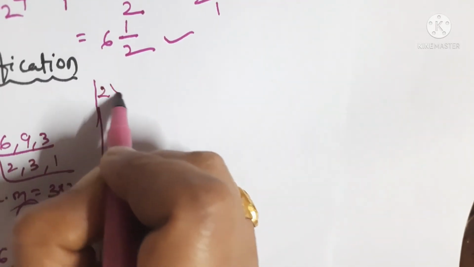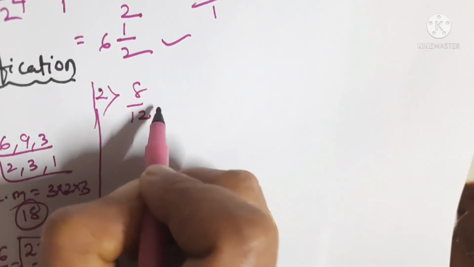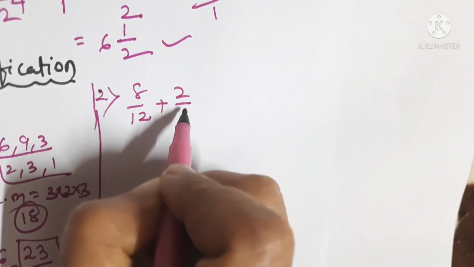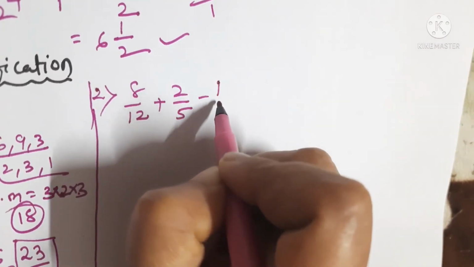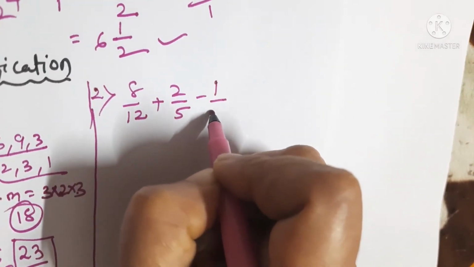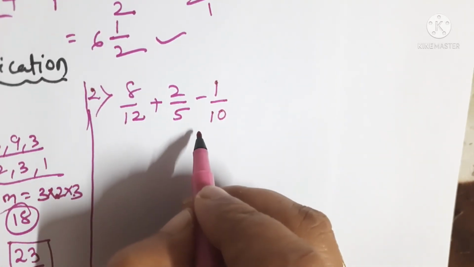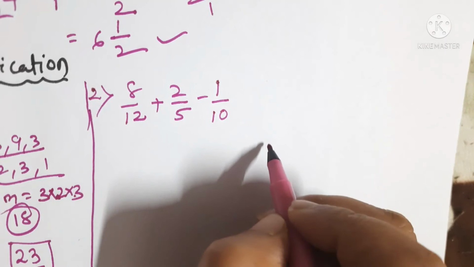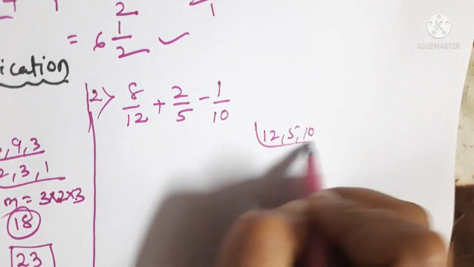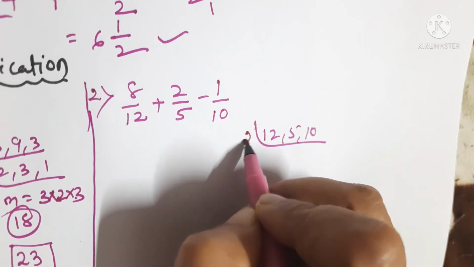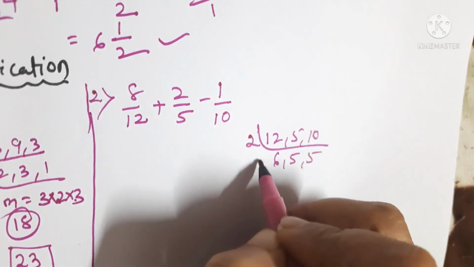We move to the next one here. 8 by 12 plus 2 by 5 minus 1 by 10. Here also the denominators are not equal, so we need to take the LCM. 12, 5 and 10. Here with the 2 table, 2 6s are 12, and 5, 2 5s are 10.